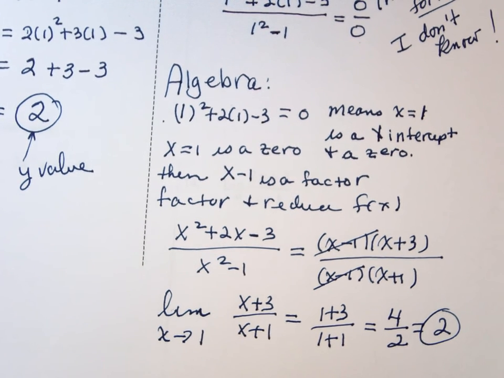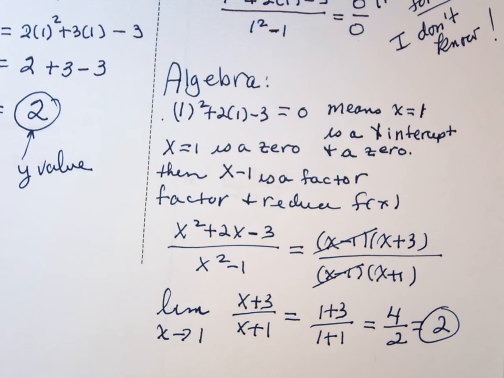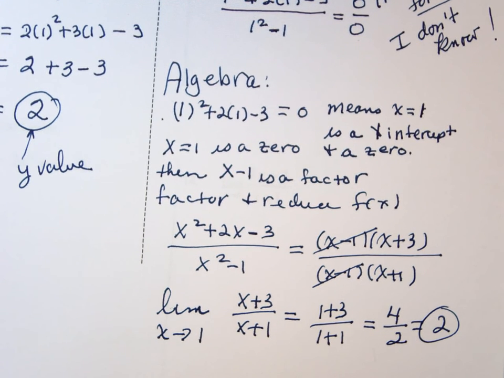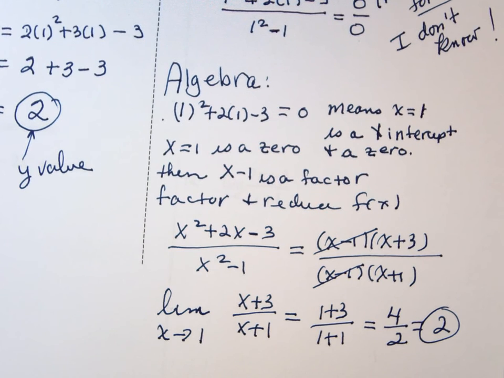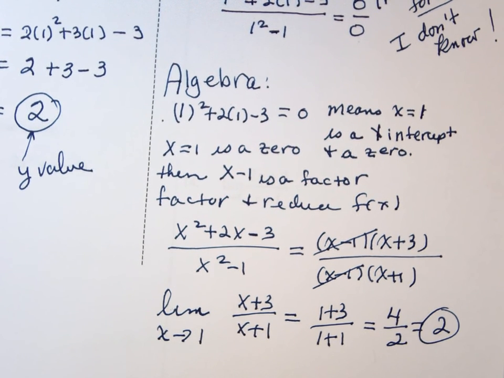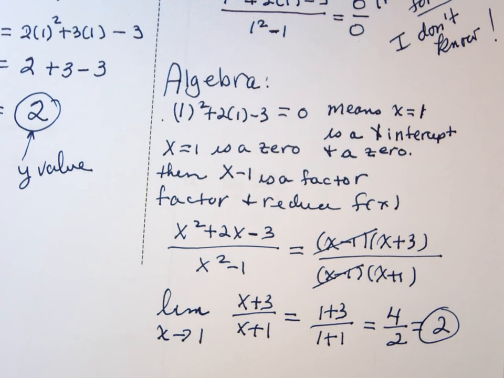Plug it in. If you get 0 divided by 0, that means you need to use algebra on it. Once you've used algebra and gotten rid of the offending factor, you try again.